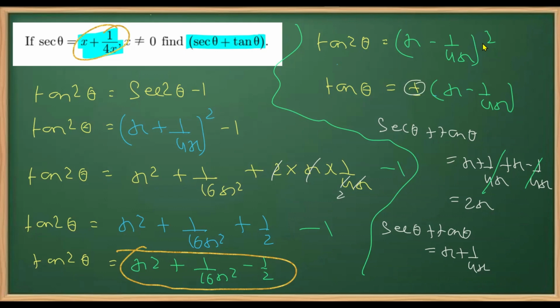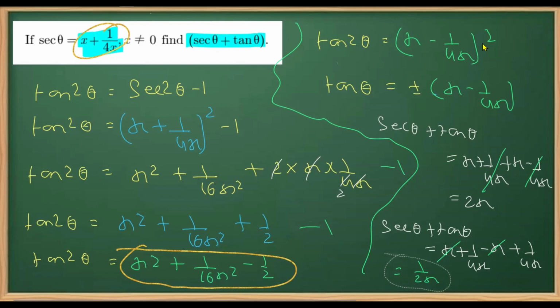As I said, we have two possible values of tan, plus of this and minus of this. So minus of this will give you minus x and plus 1 over 4x. So here we can see that minus x plus x get cancelled. 1 by 4 plus 1 by 4 is half, right? So 1 over 2x.